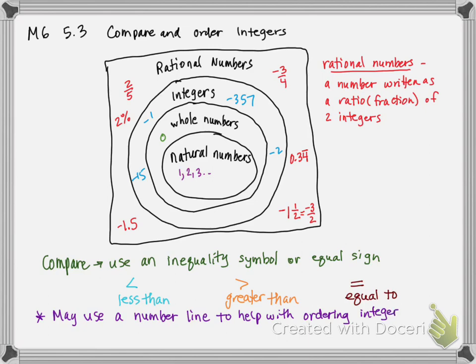So right now we're going to just look at those three inner circles, but we have a lesson just a couple away that talks about rational numbers, comparing and ordering them. And that's like what we did before, but now we're going to throw in the negatives as well.